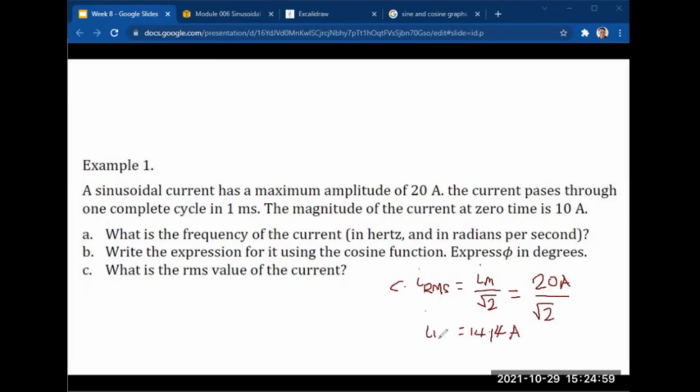So this is our RMS current. Hopefully the solution was understandable. So we solved for the frequency, the expression, and then the RMS value of the current. Okay, so let's proceed.